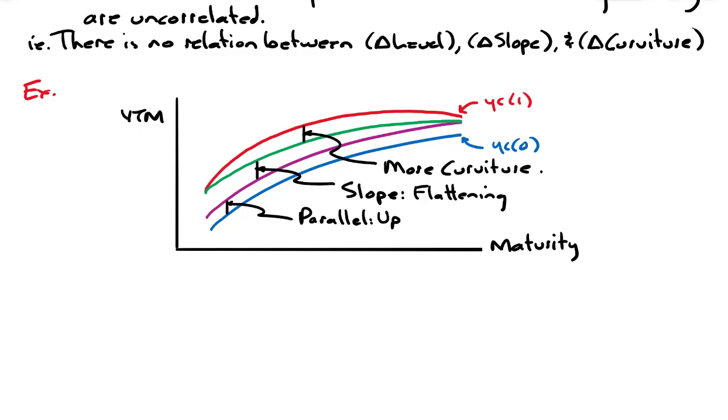And the point that the author is making, and that this diagram is trying to demonstrate, is you can have all these different drivers behind yield curve change occurring at the same time, and they're unrelated. So for example, in this scenario, I had parallel up while the slope was flattening and it was becoming more curved. But we could have just as easily had parallel shift down while the slope was getting flatter and the curve was becoming more curved.